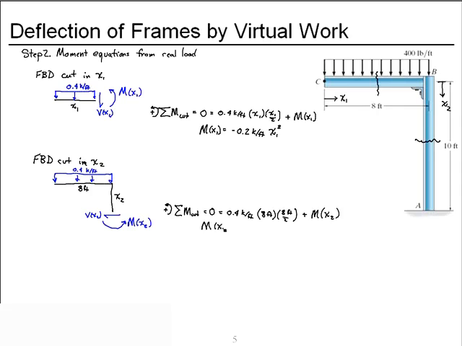Solve that, and my equation for moment is a minus 12.8 foot kips. My equation is actually a constant, which makes sense because there's no shear between A and B, so the moment diagram should be constant.